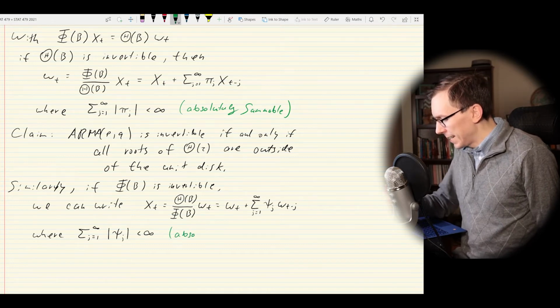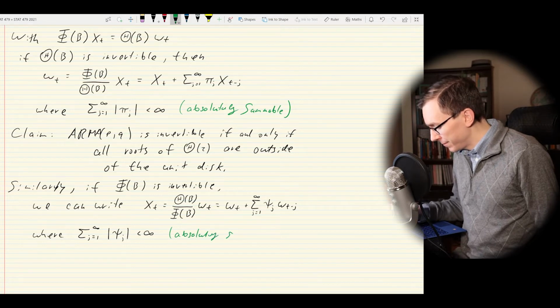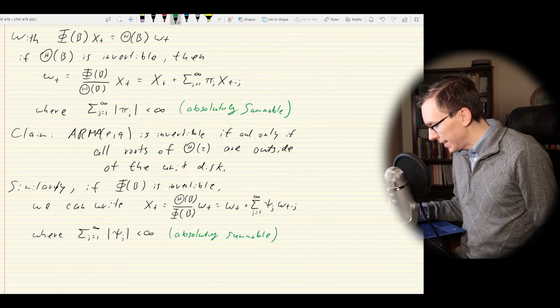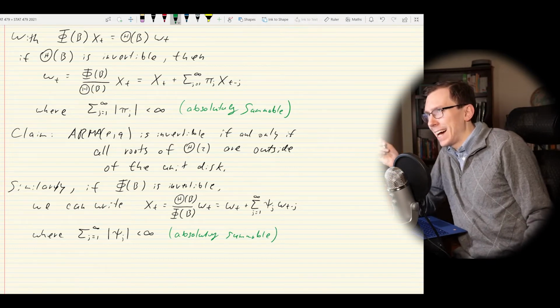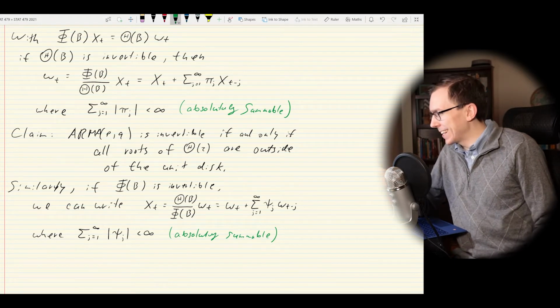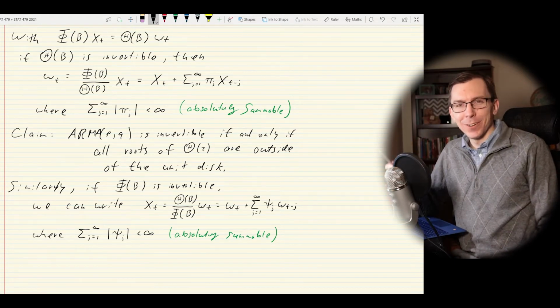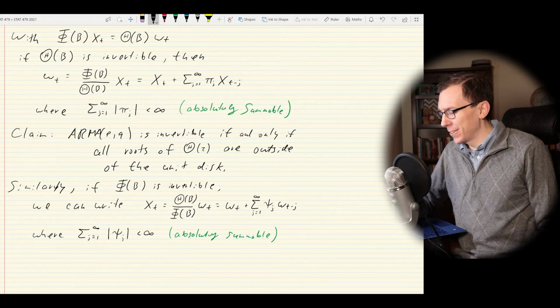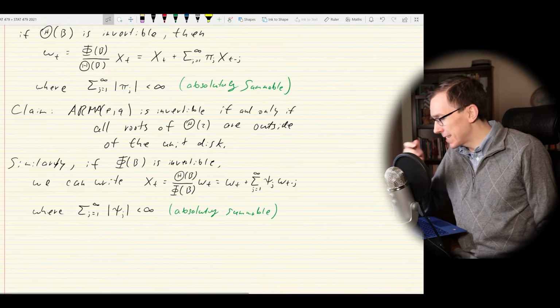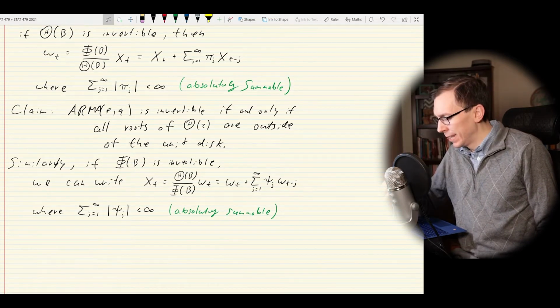So again, this is absolutely summable, which basically means the terms, the psi, the ones that look like the trident, go to 0 really fast. They have to go to 0 really fast if they're going to be summable in absolute value.